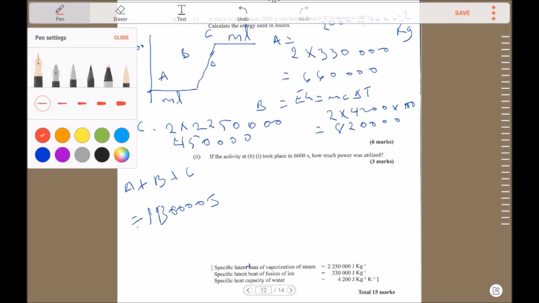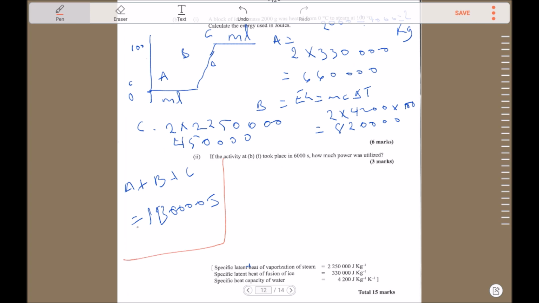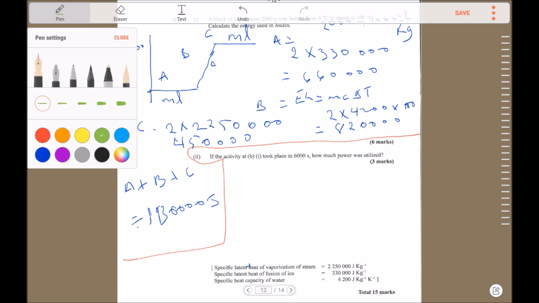So that's for the first part of the question. Let's separate that. So this is for up there. Now the second part of the question, so that's in a different color.